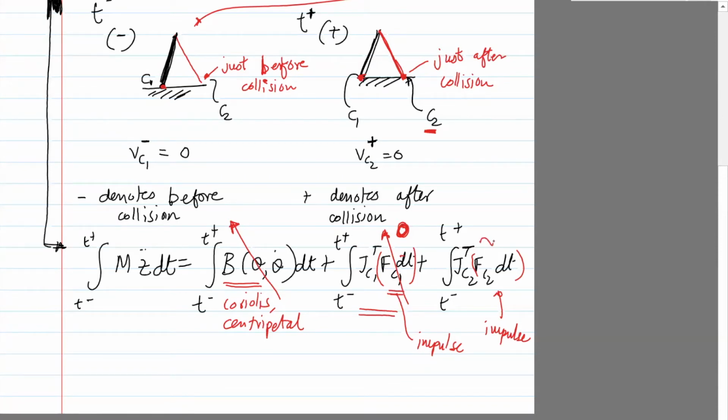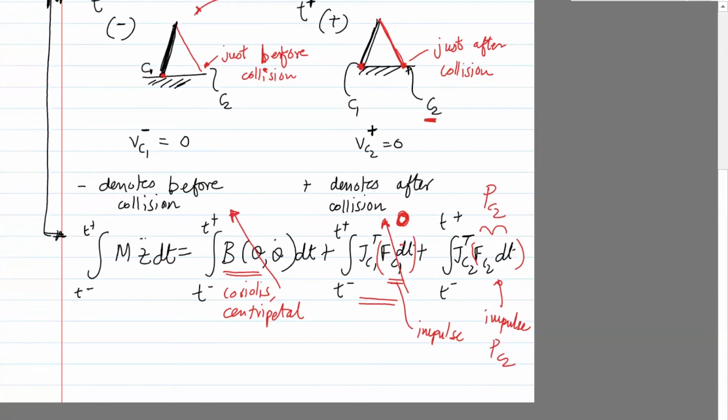So let's call this impulse, let's see, what notation did I use? Just call it P. Okay, PC2, which is the impulse. So now what I can do is write this as m times the integral of z double dot, which is the acceleration, with respect to dt, which is going to be the velocity.